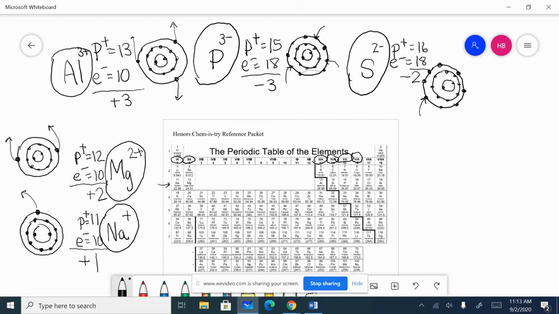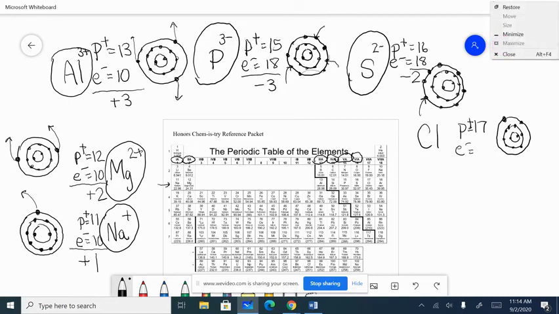Next one is chlorine. Chlorine has 17 protons in the nucleus. You're going to start seeing a pattern here, aren't you? So 1, 2, 3 electron shells. 2, then 8 in the 2nd one, and then 7 in that last one.